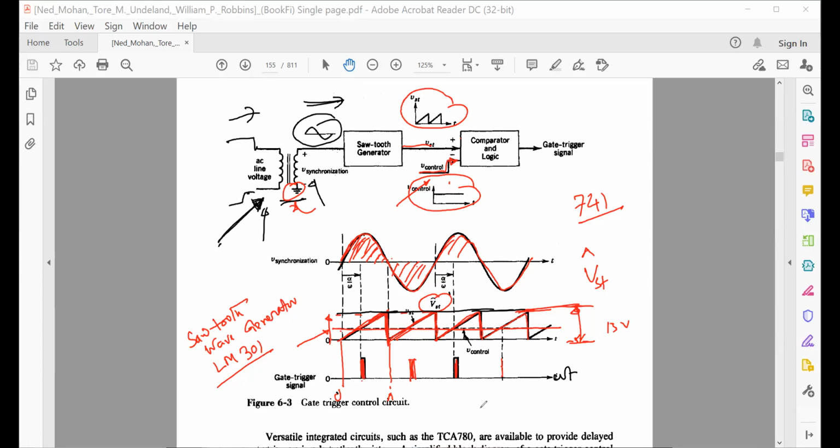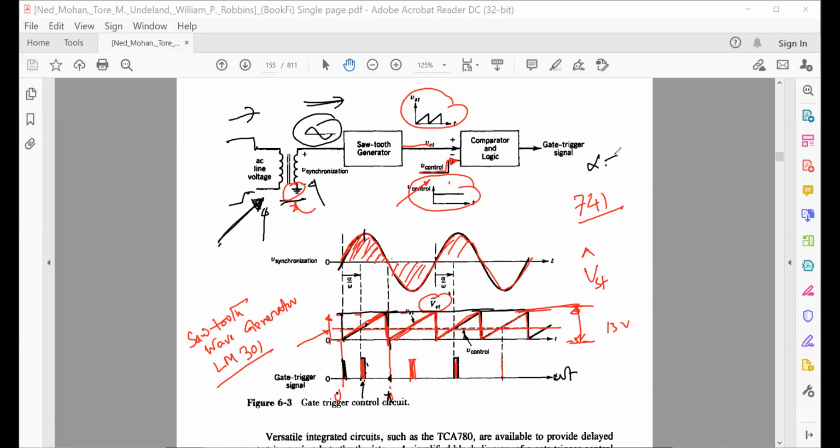Then at exactly what omega t will you get this firing pulse? At omega t equal to pi. Here you will get that pulse. If you are in the middle, you will get pi by 2. If you move this control voltage to the 0 voltage level, then your firing pulse will be at omega t equal to 0. You understand it?